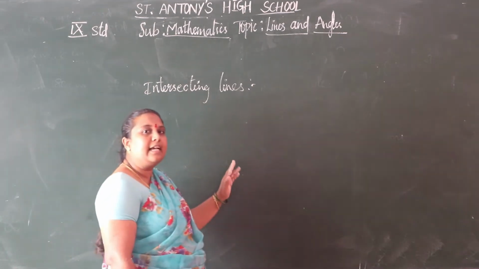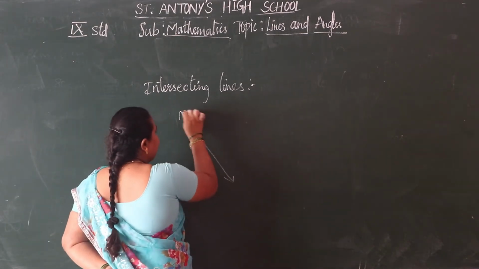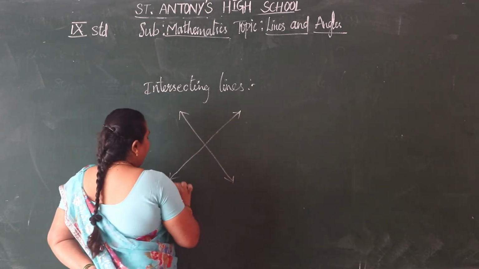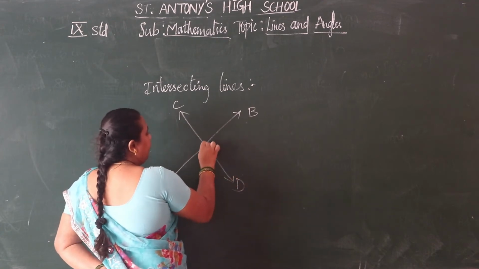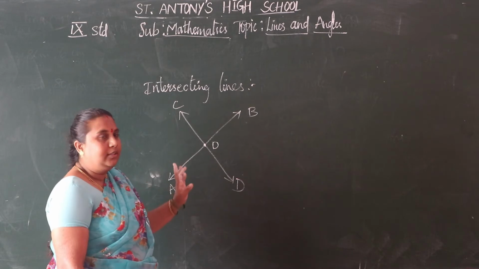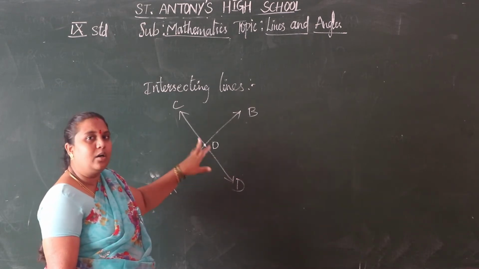These two intersect each other at O. So AB is a straight line, CD is also another straight line. These two intersect at the point O.